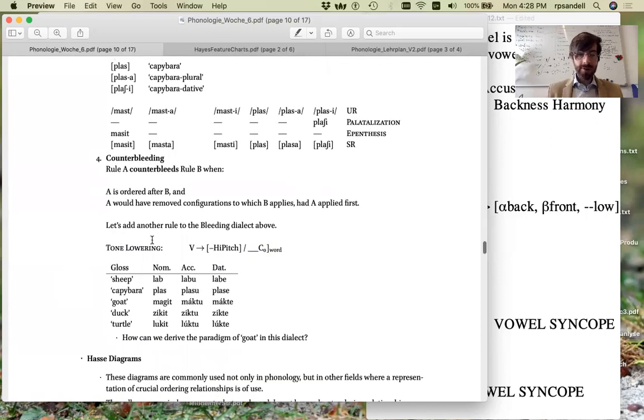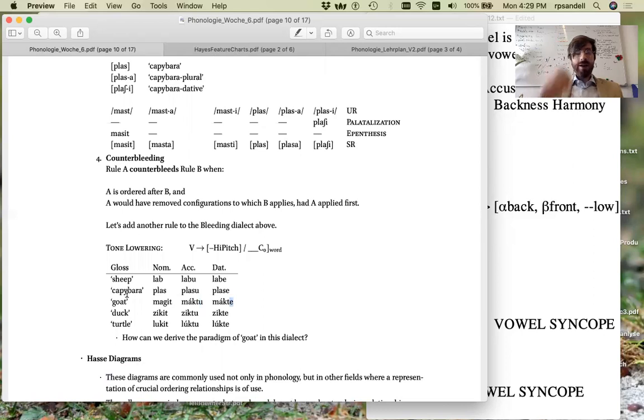So we can see in some paradigms here, in the nominative singular forms, there are no vowels with high pitch indicated with the acute accent above a vowel, but in some of these words, in the words for goat and turtle, when there is a suffix, here we'll assume that the accusative case has a suffix u, and in this dialect, we'll say that the dative case has the suffix a. The words for goat and turtle in these suffixed forms have a high tone.